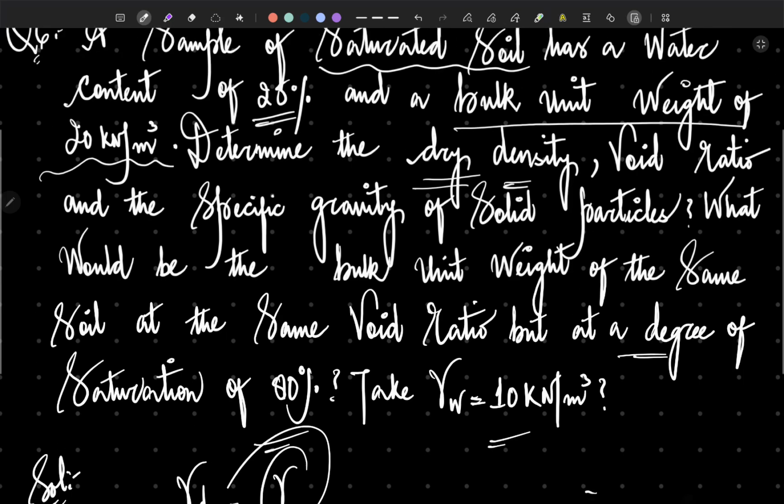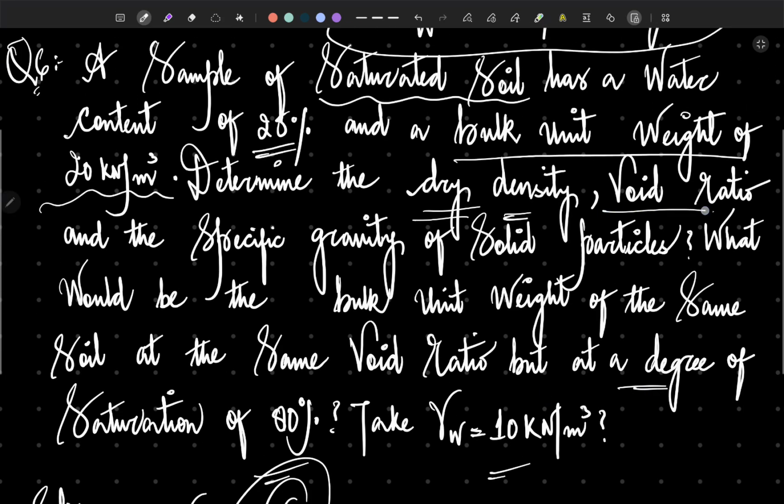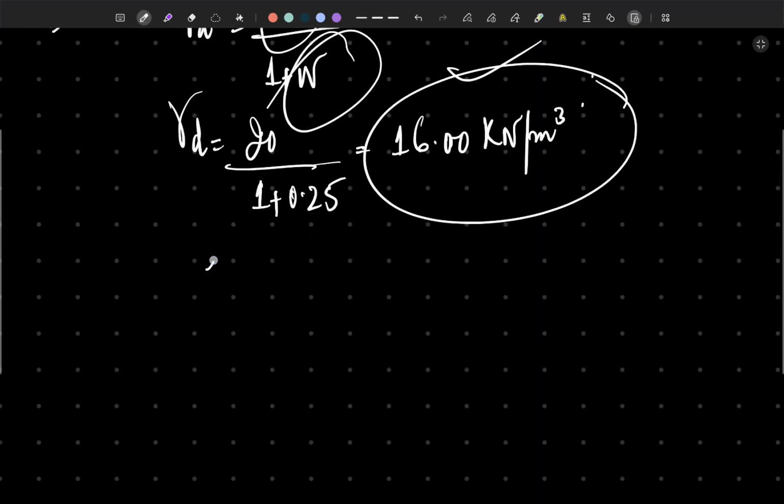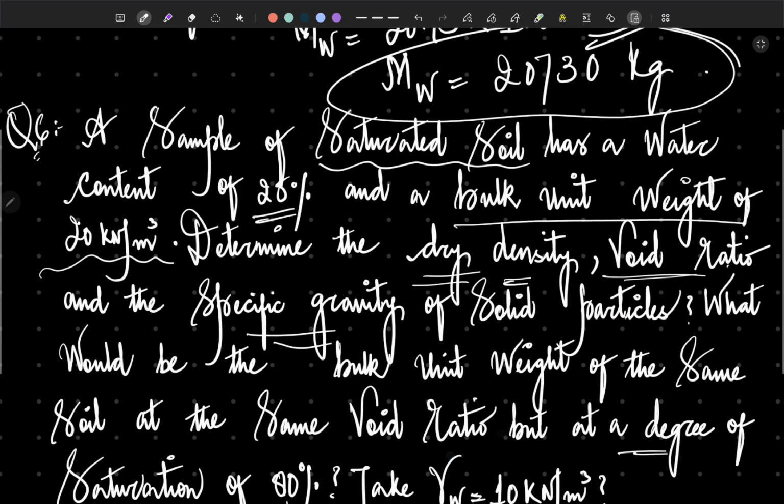Next, the void ratio and the specific gravity need to be found. See how we'll proceed with this question. We know the expression eS equals wG. We know the degree of saturation, S, is 1, because the question itself says a sample of saturated soil.